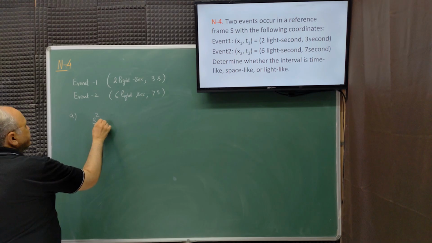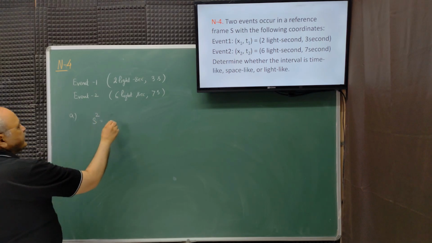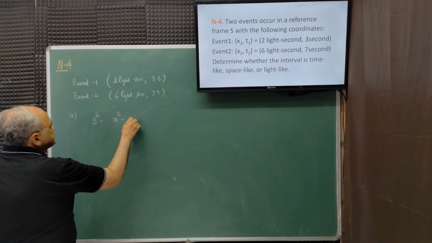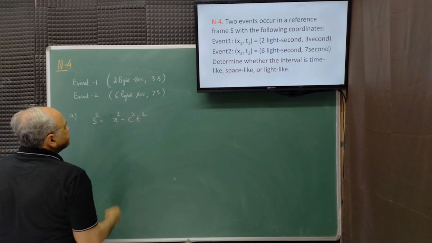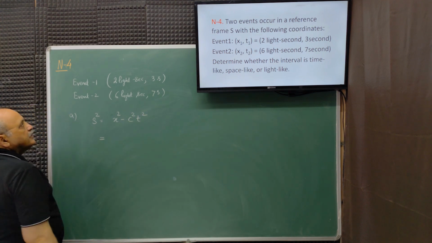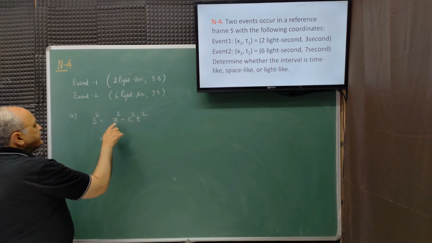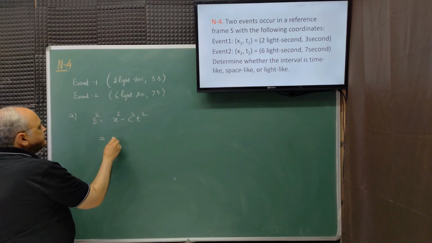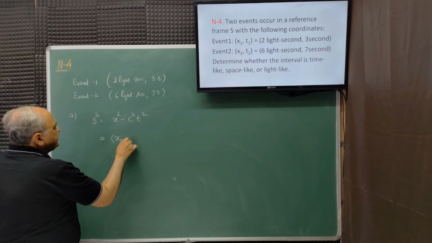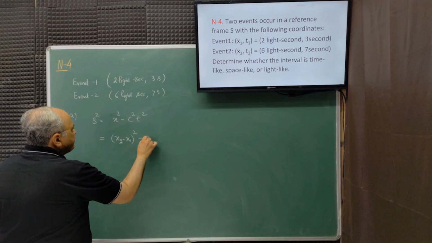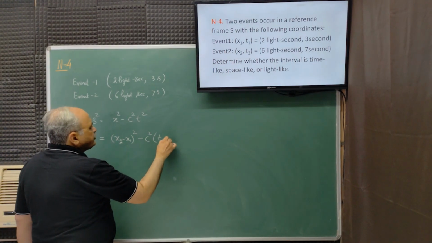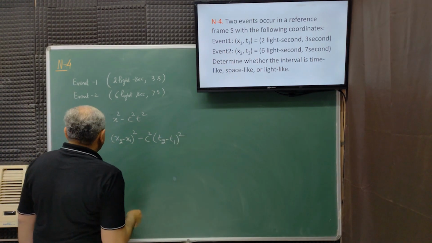The space-time interval in our case is going to be x square minus c square t square. This is the difference between the two events. If I write properly, this must be written this way: minus c square (t2 minus t1) whole square.